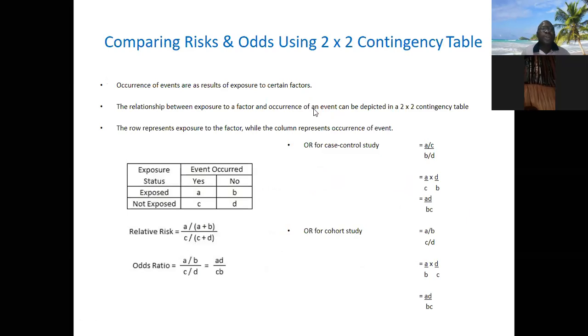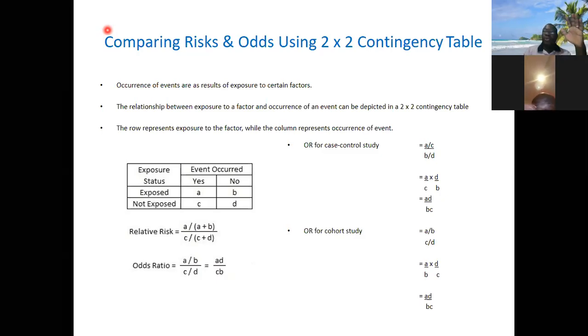Now, let's quickly look at comparing risk using a 2x2 contingency table. The occurrence of an event is the result of exposure to certain factors. So the relationship between exposure to a factor and occurrence of an event can be depicted in a 2x2 contingency table, where the row represents exposure to the factor, while the column represents occurrence of the event.